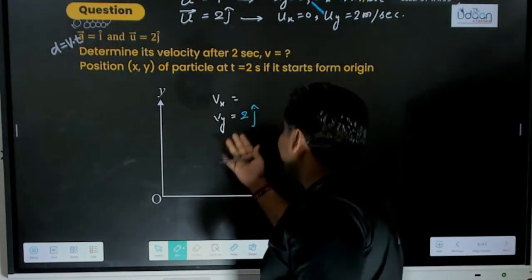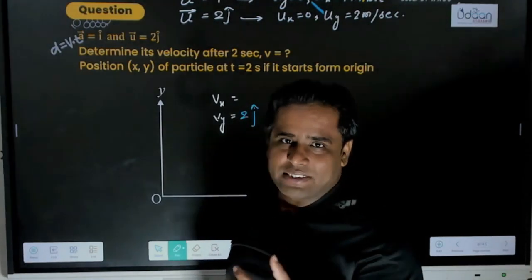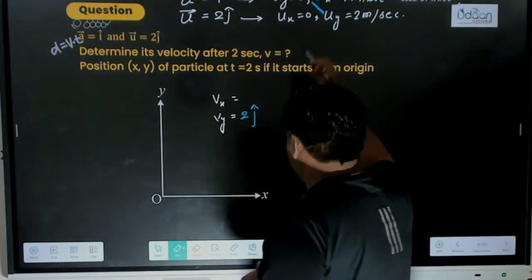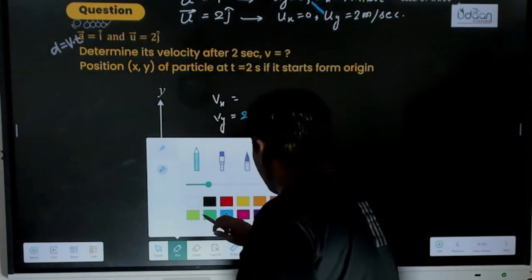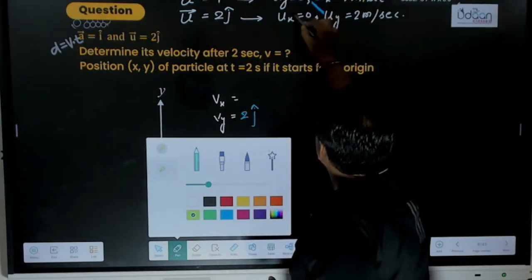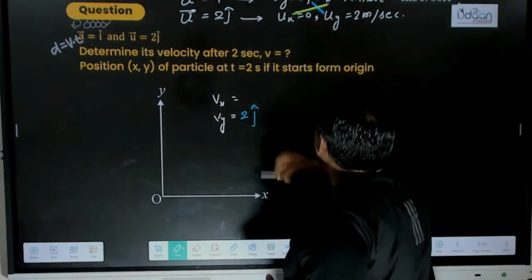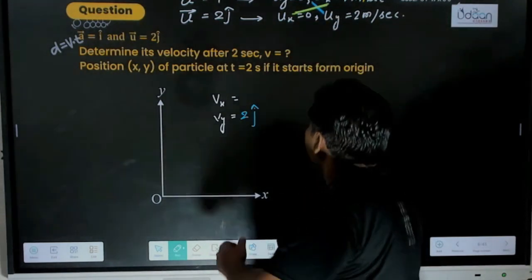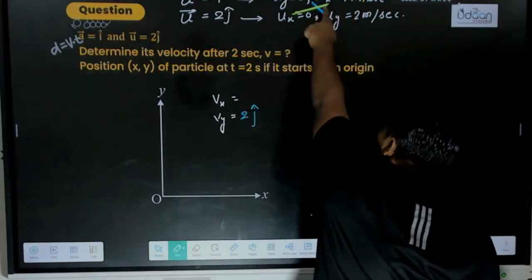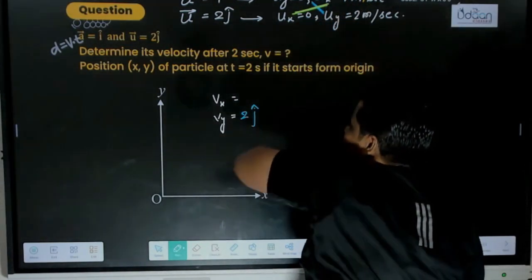Isn't it? And then if I am going to ask you on the x-axis, what will be the condition? On the x-axis, you just see. That was blue, now I am using green. Yes, this is the pair now. You just think about it. On the x-axis, the initial velocity was 0 and acceleration is given as 1 meter per second square.